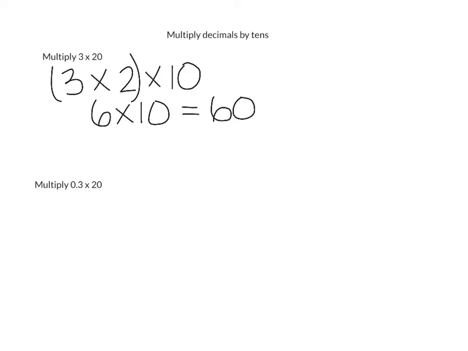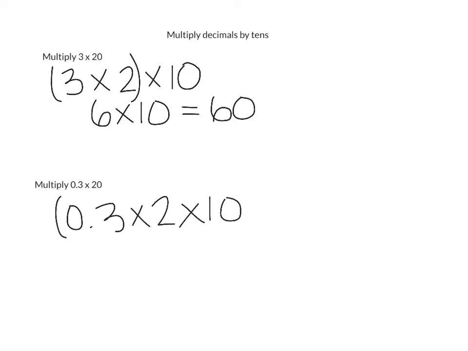The same thing can be done when we multiply a decimal by a multiple of 10. So this time, we still break apart the 20 into 2 times 10, but now we have 3 tenths times 2 times 10.